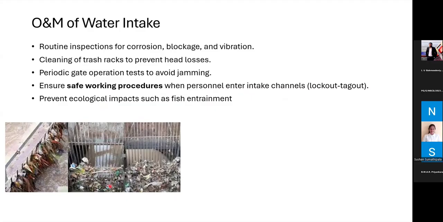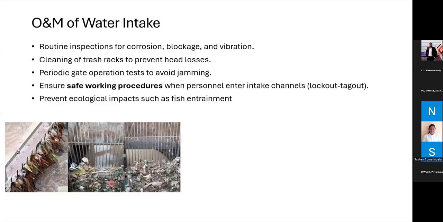In most cases, when you want to clear out these intake channels, people have to go into the intake channel. Most of them are carried out by divers working in near invisible conditions because the water is quite muddy and not transparent in most hydropower schemes.